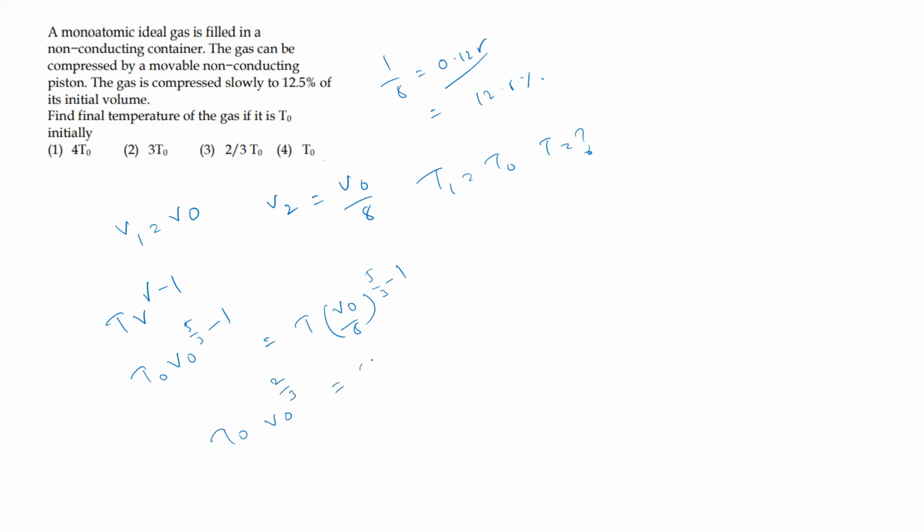Am I correct? T times V naught by 8 to the power 2 by 3. Simplify. You will get 4 T naught. T is equal to 4 T naught. Clear this option.